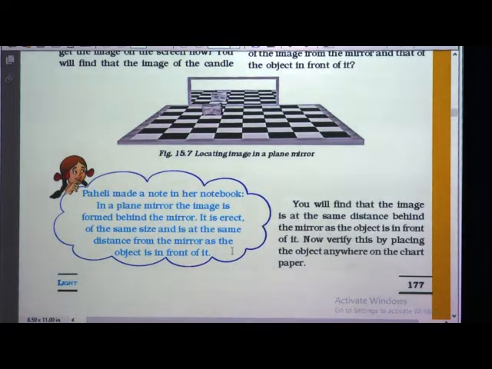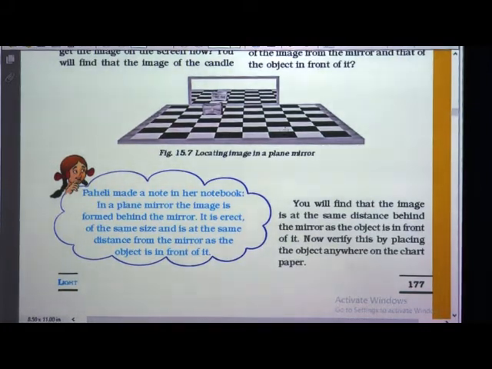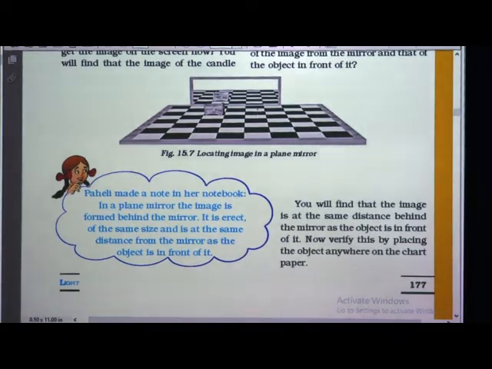When you move this object anywhere on the board, you will find the same distance in front of the mirror and behind the mirror. So this is the effect of a plane mirror on the image.